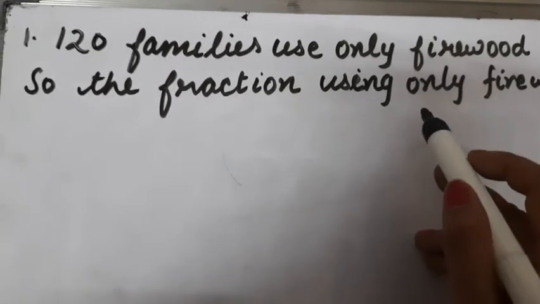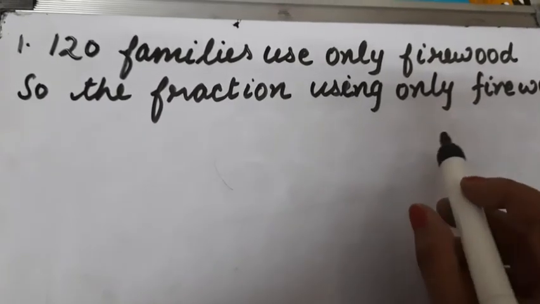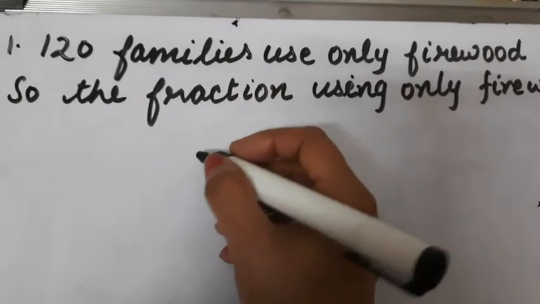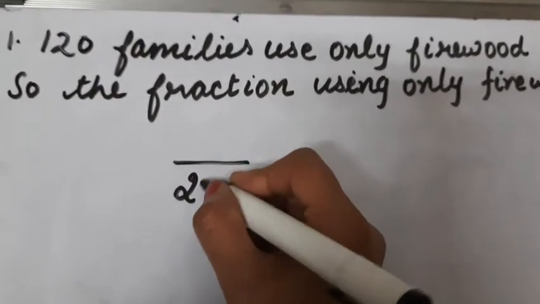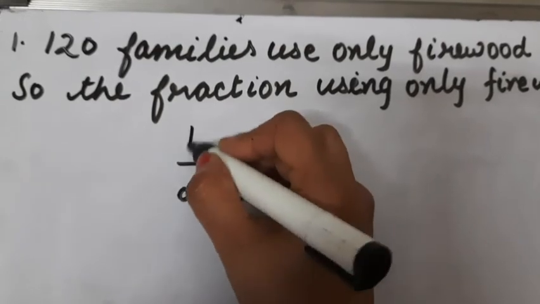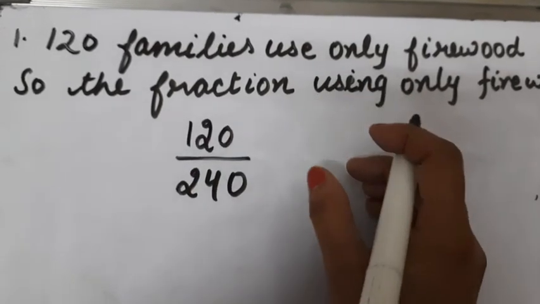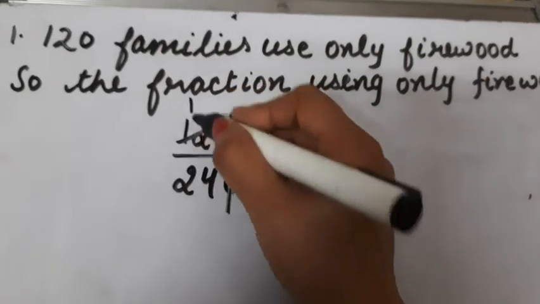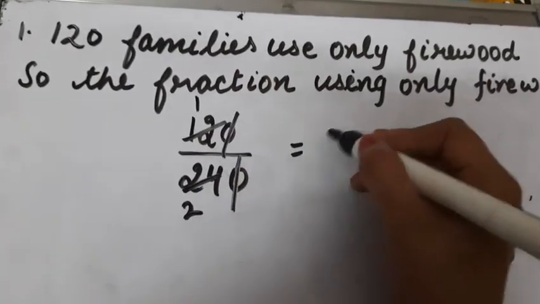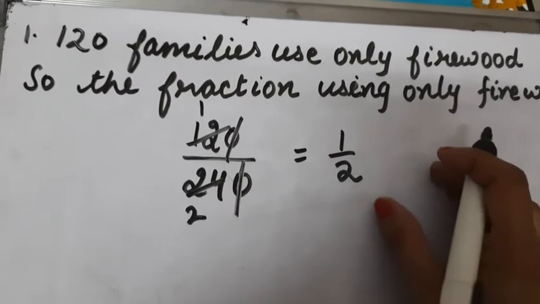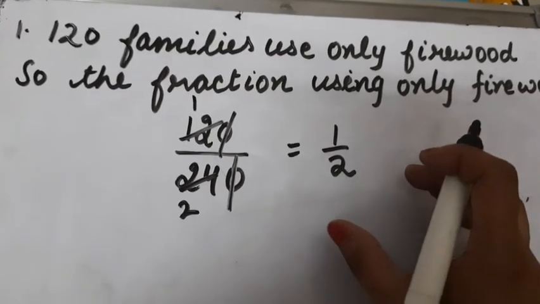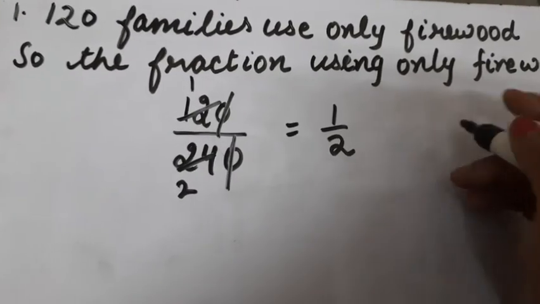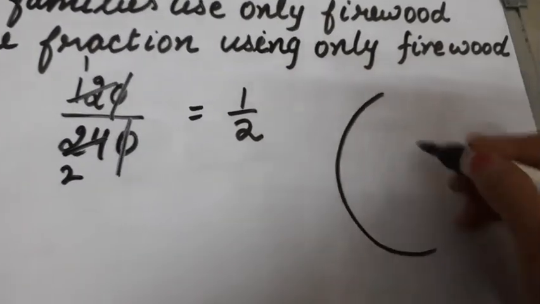What will be the fraction of families using only firewood? The total number of families was 240 and 120 out of 240 are using only firewood for cooking and heating. So the fraction will be 12 ones are 12, 12 twos are 24, that is half. That means half of the circle will be only firewood. When we draw a pie chart, suppose here I am drawing a pie chart.